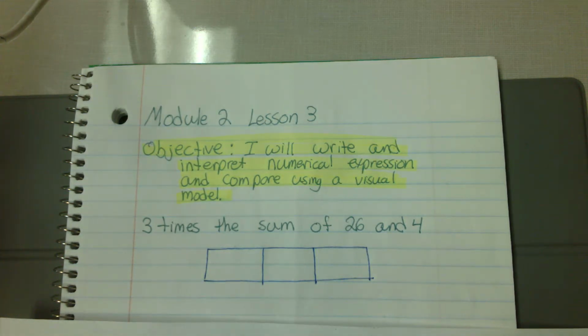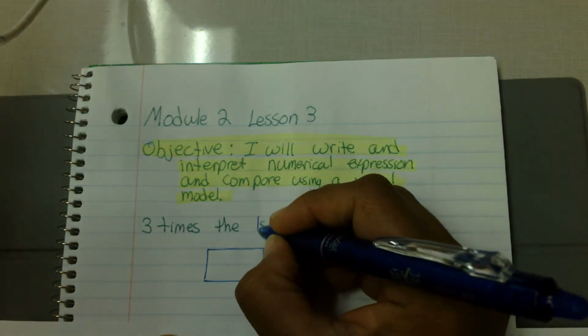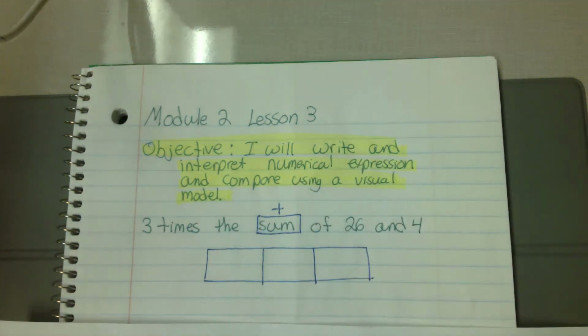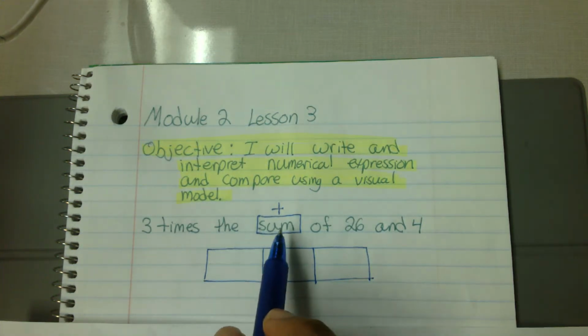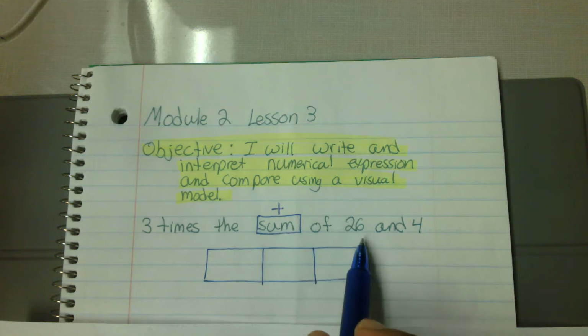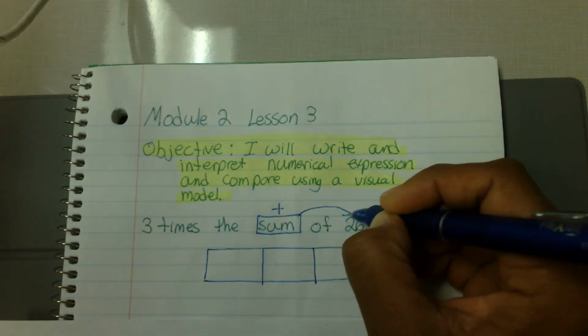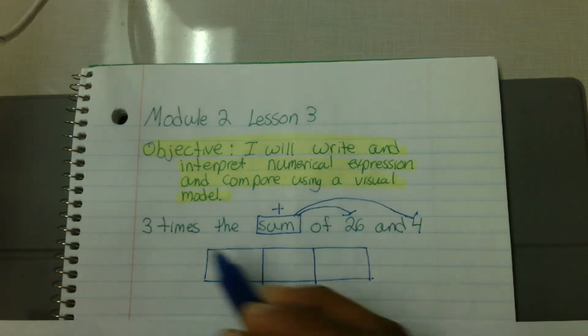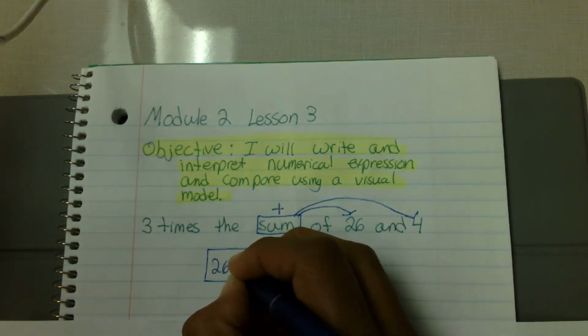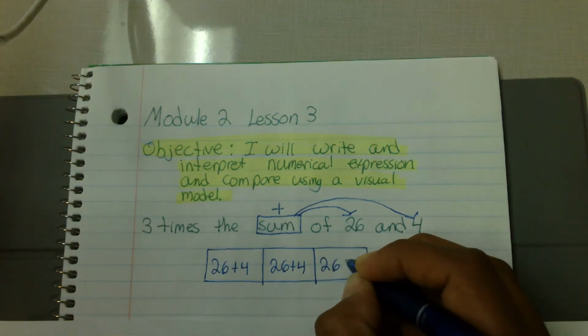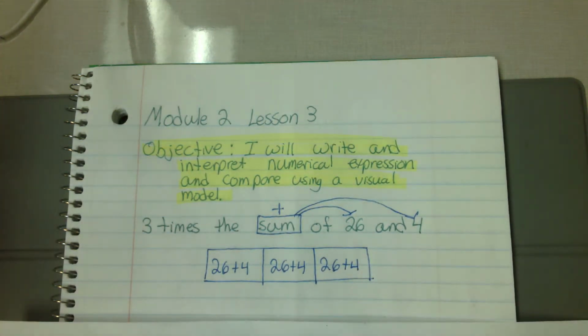So we have 3 times, and we have the word sum here. This is an academic language word that we need to know. This is the answer to an addition problem. And so we need to know that when we see the word sum, they mean that we need to add. So we need 3 times the sum, something we're going to add, of 26 and 4. So this is letting me know that we are going to add this number and this number together 3 times. So it would be 26 plus 4 and 26 plus 4 and 26 plus 4.